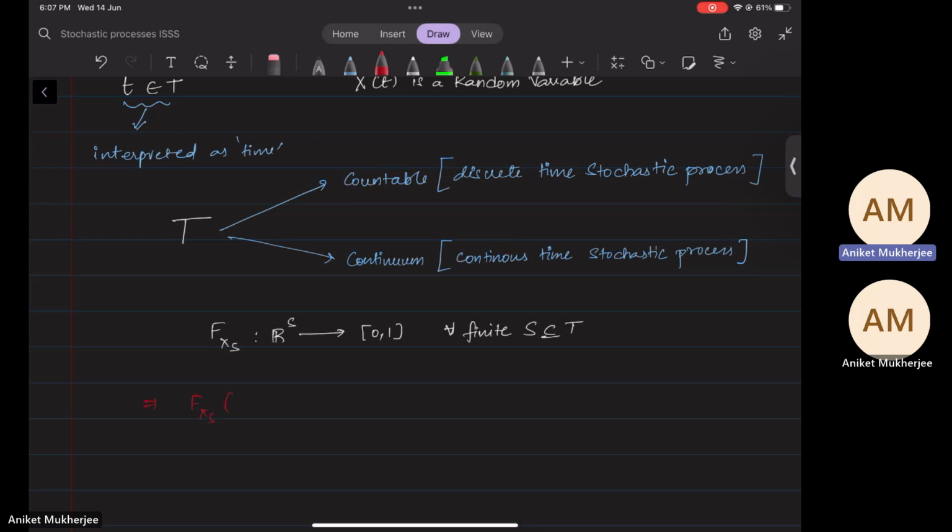So what this means is F_X(S) is a function from R^S to [0, 1]. It takes a vector in R^S, so you have x1, x2, and so on to xs. This is defined as the probability of the event intersection over s belonging to the finite subset that has been chosen, of X_s(omega) less than or equal to x_s.